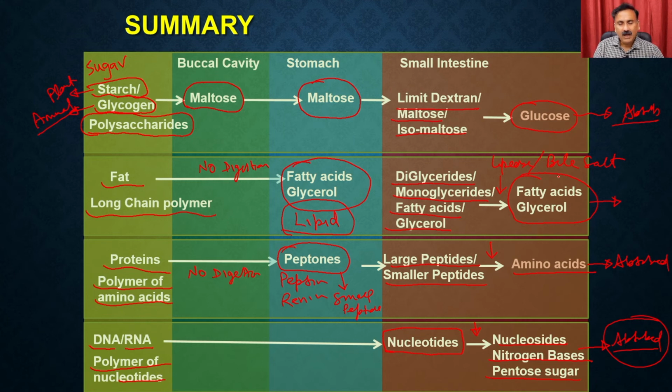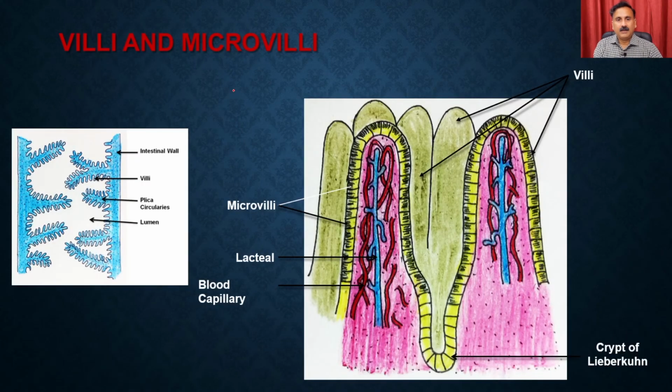So, how does absorption actually work? The small intestine has a well defined and well developed machinery, so it is able to absorb the different types of nutrients present in the food. It has villi and microvilli.